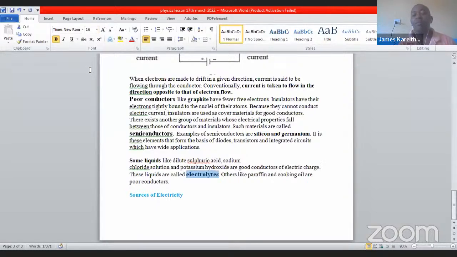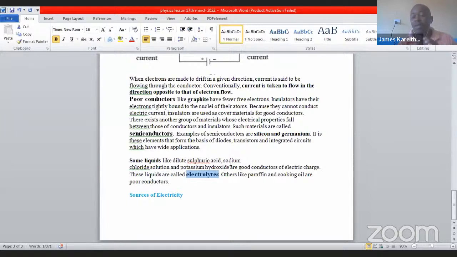Just like in metals, we have good conductors and poor conductors of electricity. We also have some liquids which are good conductors and some which are bad conductors. Remember, the word conductor means that either way, that material, that liquid will allow electric current to flow.